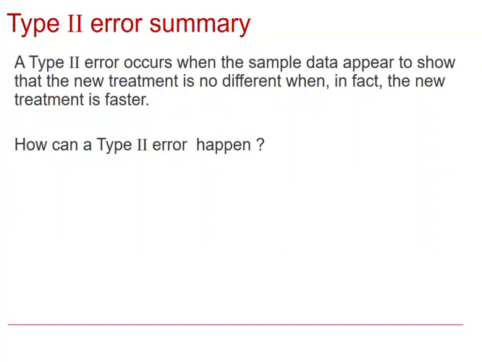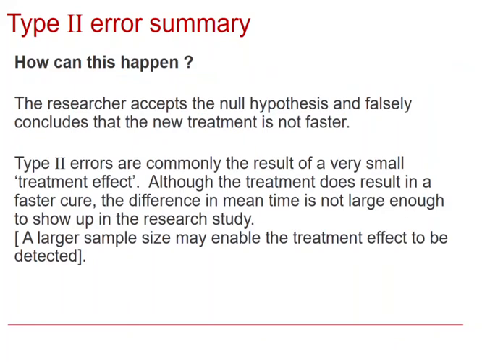And again with a type 2 error, how can a type 2 error happen? So a type 2 error very frequently occurs because of a small treatment effect, and that's something you might like to research.